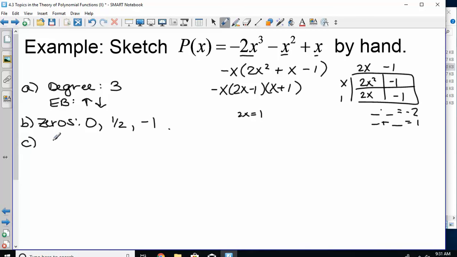Okay, bounce or go through? Through all of them because they all have a multiplicity of 1. Y-intercept, if you plug in a 0, you can do it in the original, you can do it in the factored form. What do you get if you put in a 0 for x? 0.